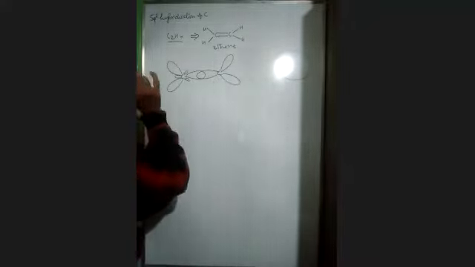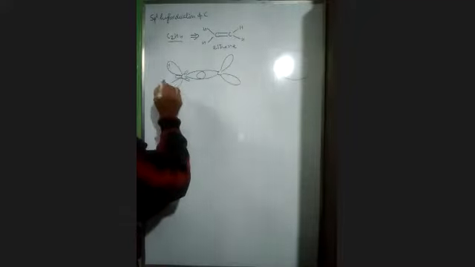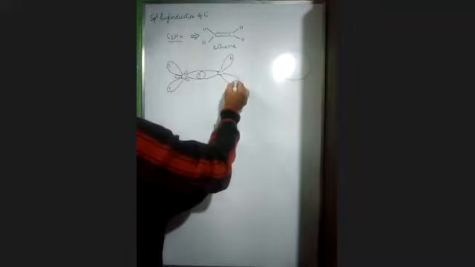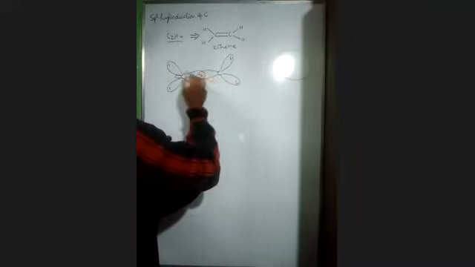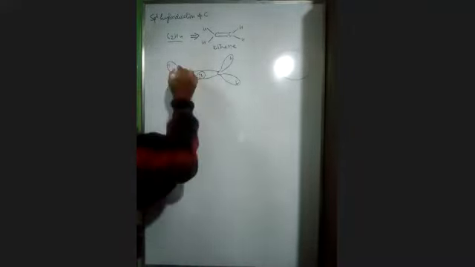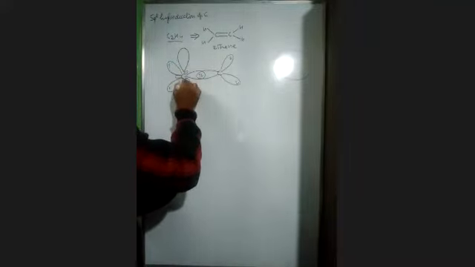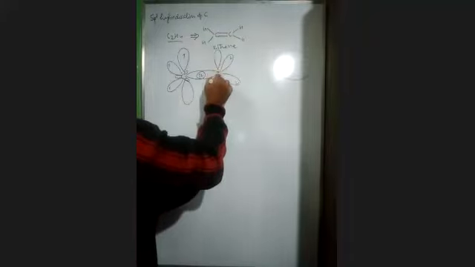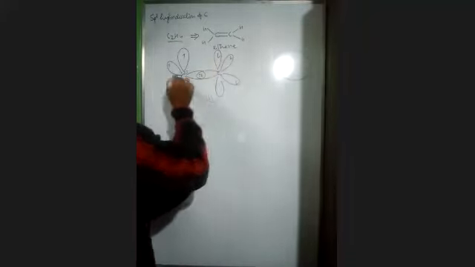Okay, this is the one. Here you have one electron, here you have one electron, here you have one electron. And here I write opposite because you know only opposite spin pairs are. Okay, and this is the unhybridized p orbital, which has one unpaired electron, and this is perpendicular to this plane.